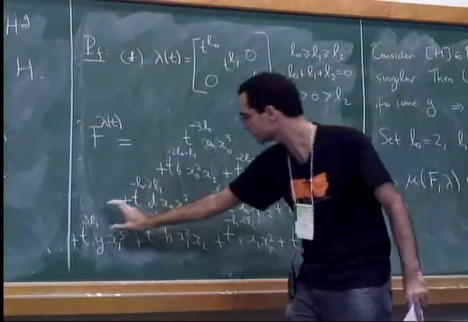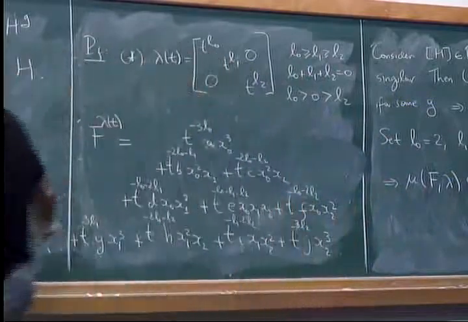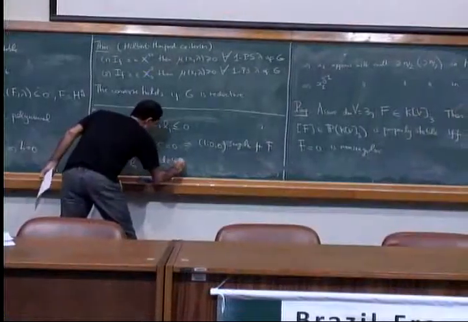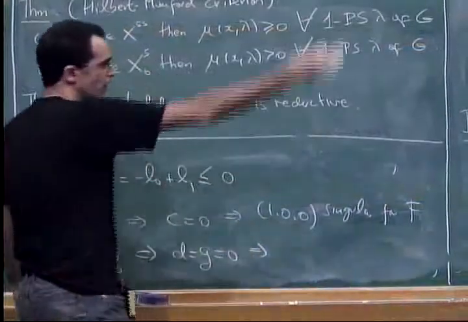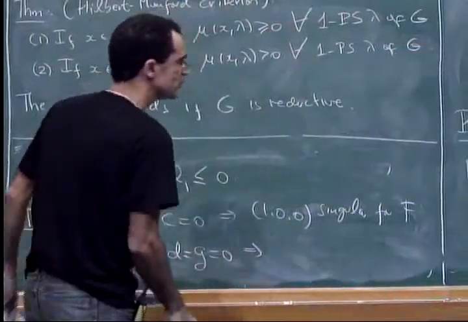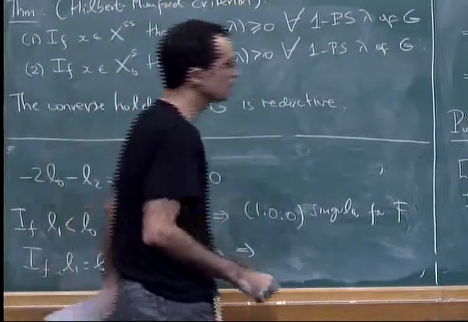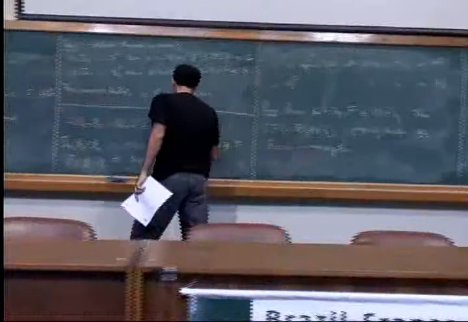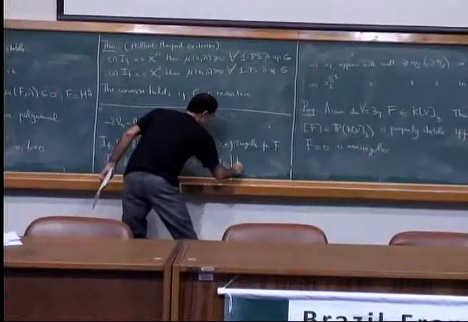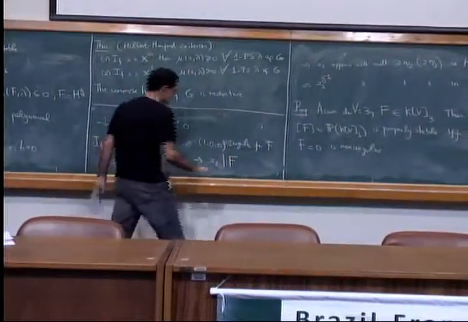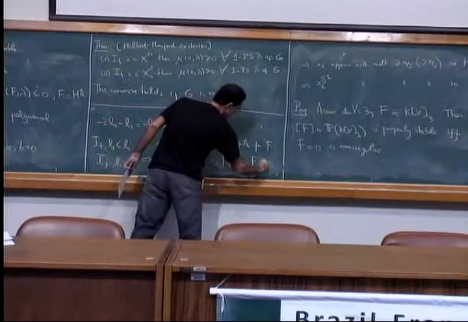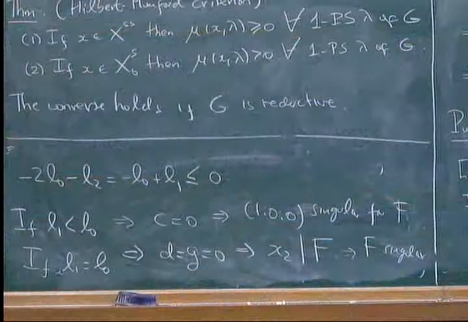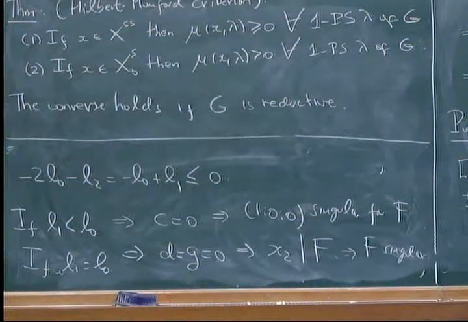So all these powers then become negative, and then the coefficients there must be 0 to get something polynomial. But then all this diagonal is 0. That means that x2 divides f. So again, f is singular. Okay? So in any way, you have a singularity there.